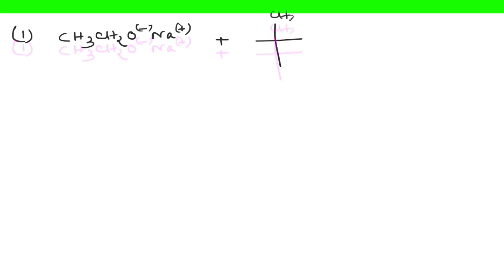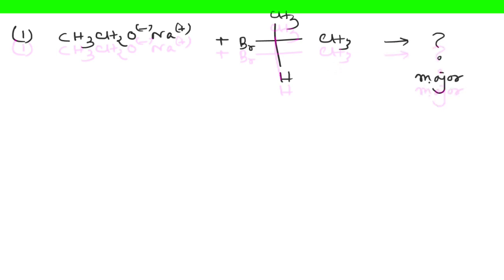Okay, I am giving some questions for practice purposes. CH3CH2O minus Na plus with this type of alkyl halide, CH3, CH3, C, Br, H. Write the major product.